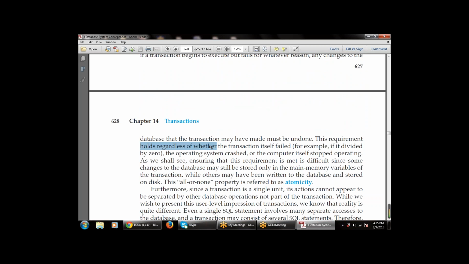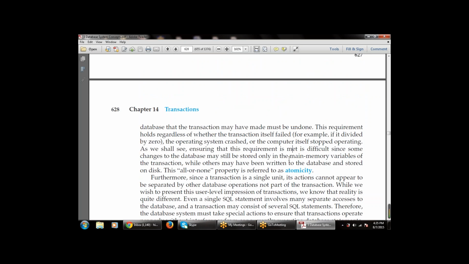This requirement holds regardless of whether the transaction itself fails, for example a divide by zero, the operating system crashes, or the computer system stops working. Ensuring that this requirement is met is very difficult, since most changes to the database may still be stored in the main memory variables of the transaction.